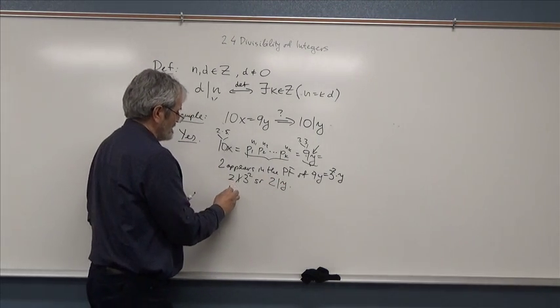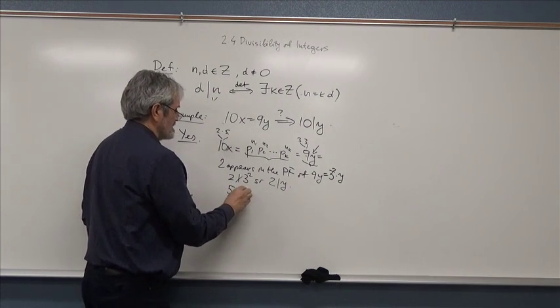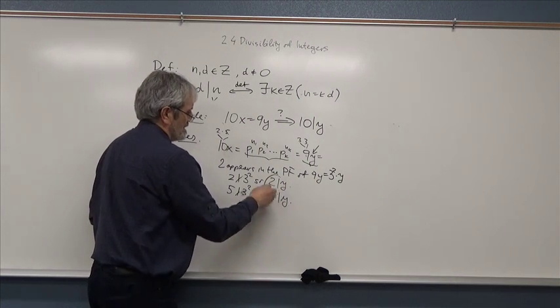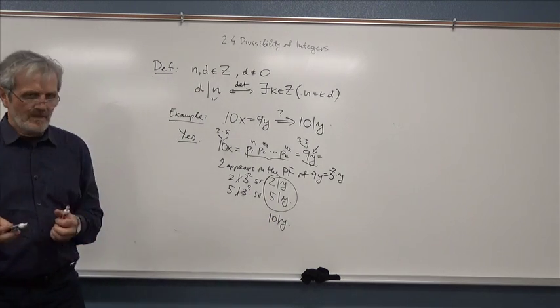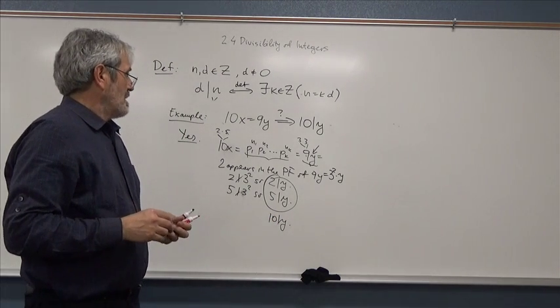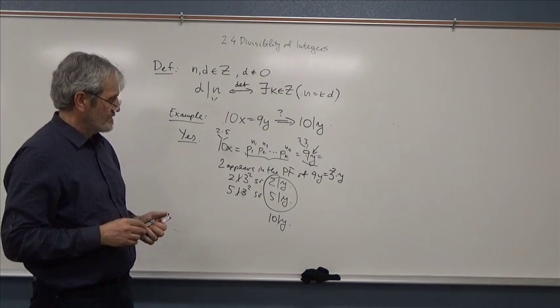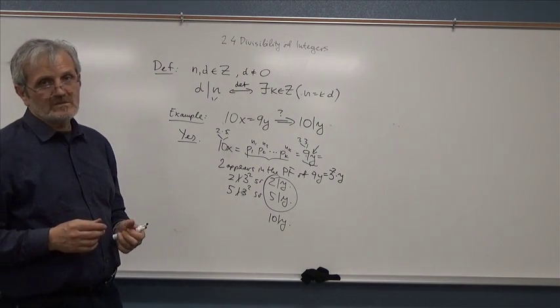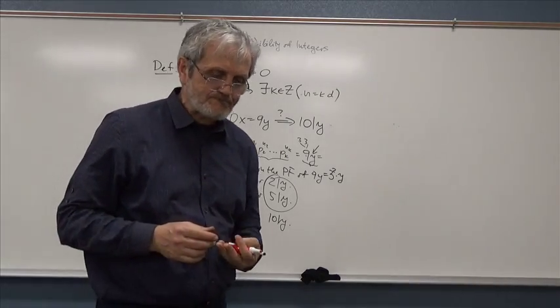The same thing for 5. 5 does not appear in 3 squared, so 5 appears in y. Here it is, 10 divides y. Once again, when we learn the Euclidean algorithm in chapter 3, we can prove a little nicer version of this, but I hope that this also intuitively makes sense.